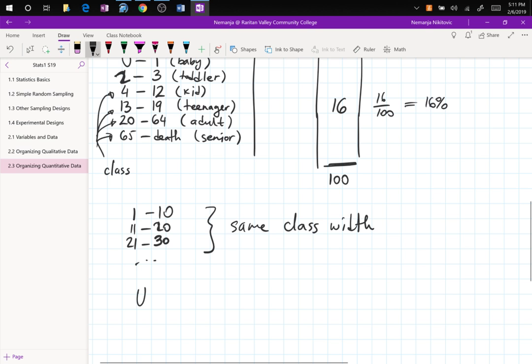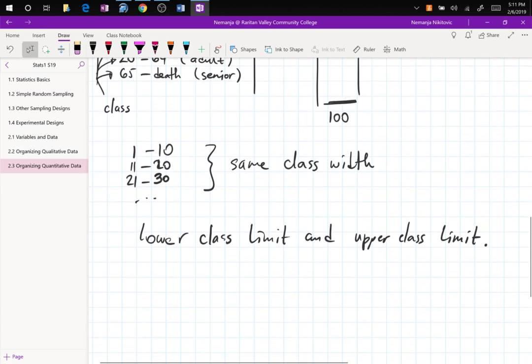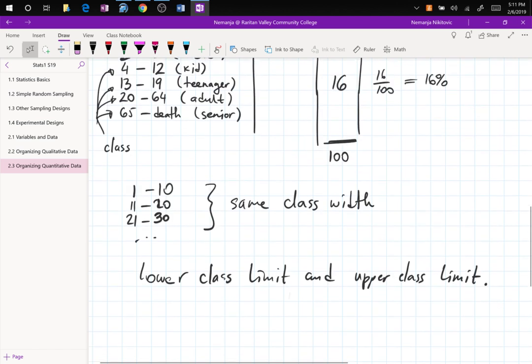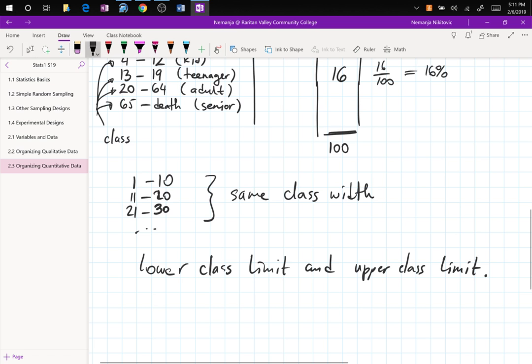I'll just write lower class limit and upper class limit. So if I take a look at the teenagers, the lower class limit will be 13 and the upper 19 for teenagers.